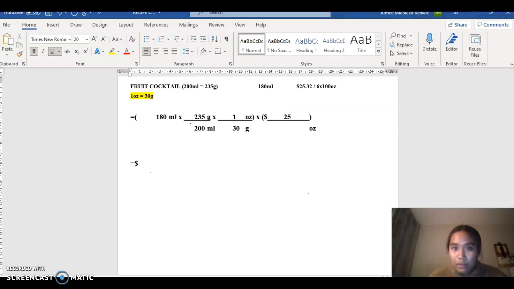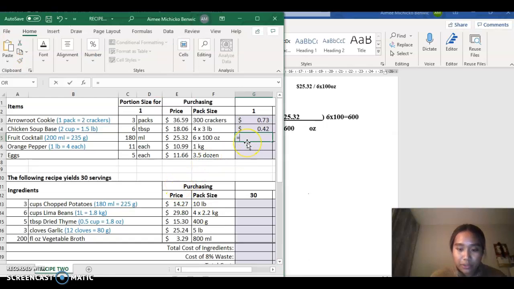Just copy the price of $25.32. So 6 multiplied by 100 gives us 600 ounces. Let me show you how to get that, and that gives us 600. After calculating all of the conversions above, that gives us 30 cents for the cost of our fruit cocktail.